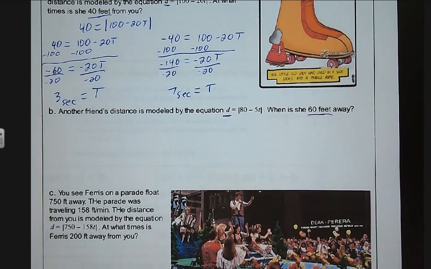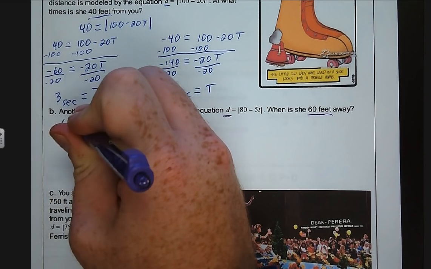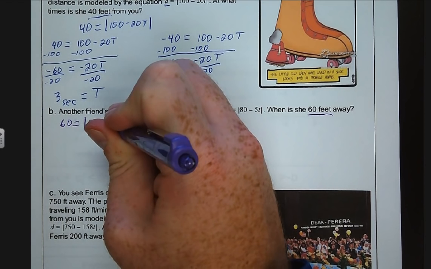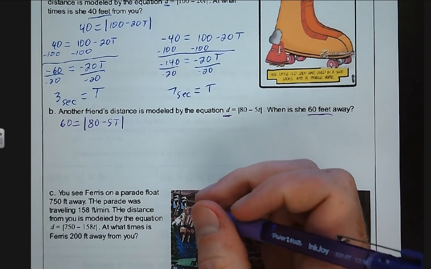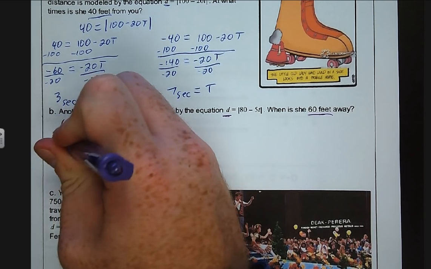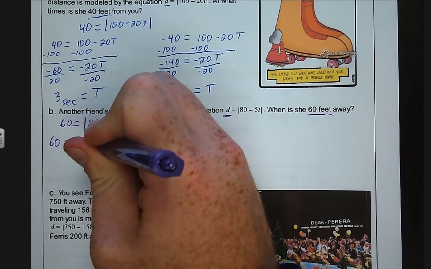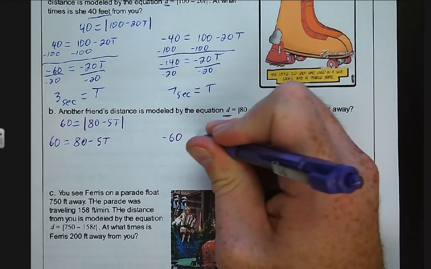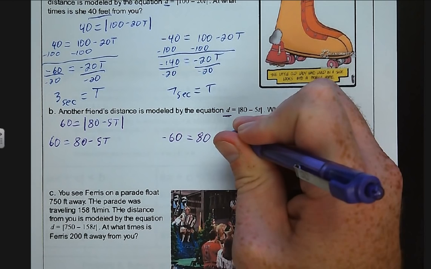So we have 60 is equal to the absolute value of 80 minus 5t. And we break that into our two equations. 60 is equal to 80 minus 5t. And negative 60 is equal to 80 minus 5t.